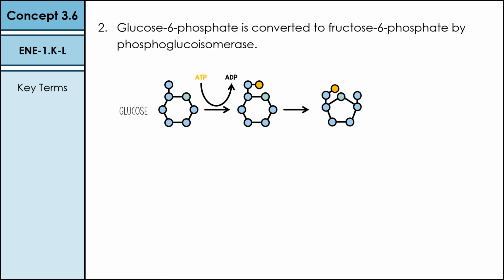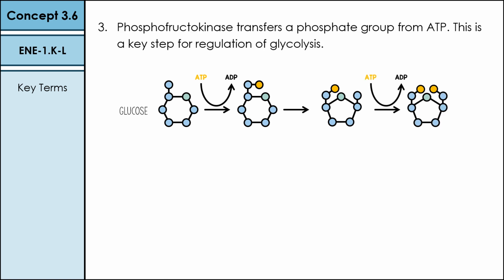This is followed by phosphofructokinase, which transfers a phosphate group. So we have a little bit of phosphorylation going on here. This is a key step for the regulation of glycolysis. We have another ATP molecule that is entering into this process. It's dropping off a phosphate group, and we get a new product.